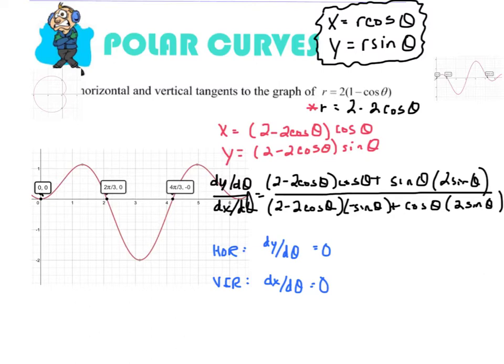Well, 0, 2 pi over 3, and 4 pi over 3. I had them just as decimals, but it certainly would work. So theta was 0, 2 pi over 3, and 4 pi over 3. It was also 2 pi, but of course that's just going back to where we started.